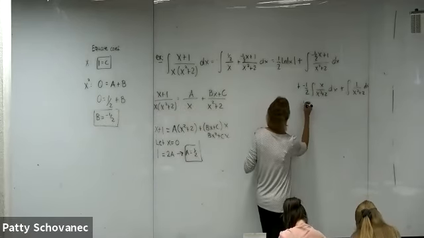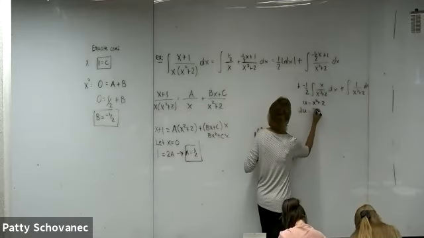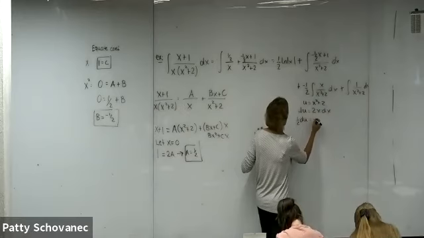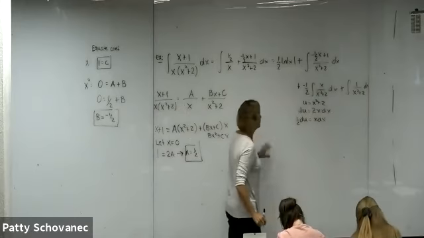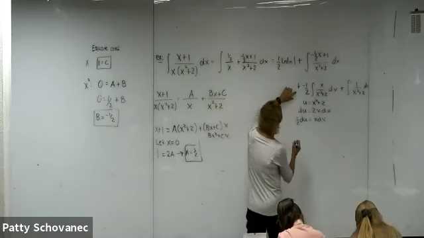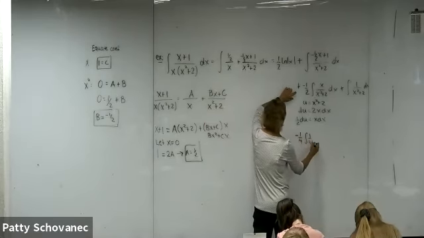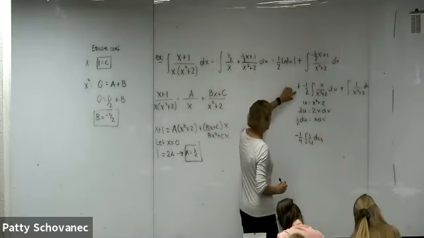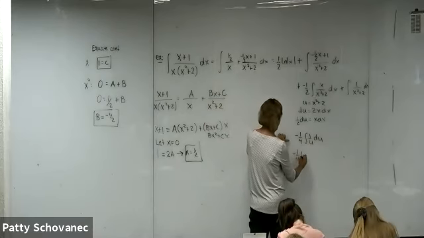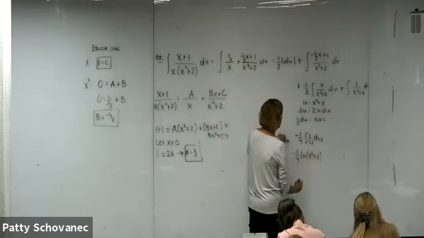So for this one, we take u to be x squared plus 2. du is going to take care of the x on top. So that's going to give us another 1/2 out there. So that middle integral becomes negative 1/4 times the integral of 1 over u du. Let's go ahead and finish it then. That's negative 1/4 times the natural log of u. And in this case, u is x squared plus 2.